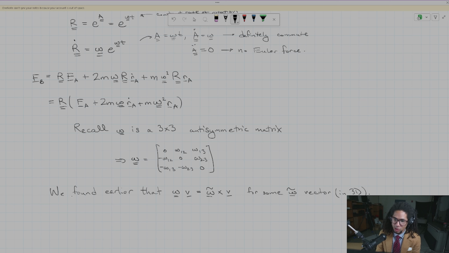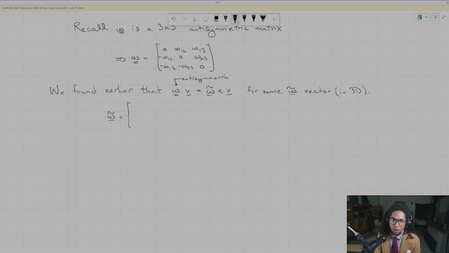And I want to make just doubly sure that I mention that this needs to be antisymmetric. Okay, we found that this vector will be minus omega 2,3, plus omega 1,3, and then minus omega 1,2 as its 3 components.